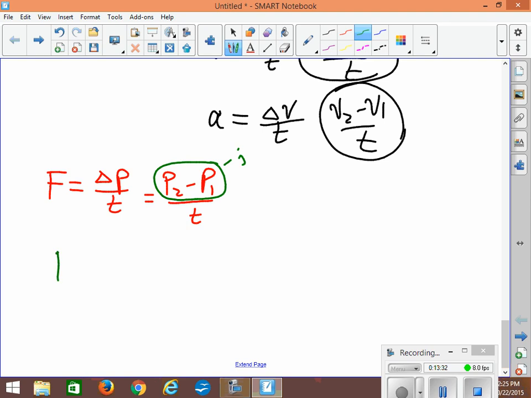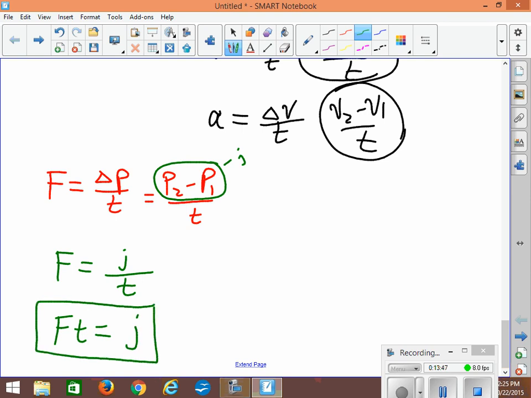So I could also write force is impulse divided by time. And of course, if I multiply both sides by t, I get impulse equals force times time. That's usually the way it's written in textbooks. Impulse equals force times time. And force is the rate of change of momentum.